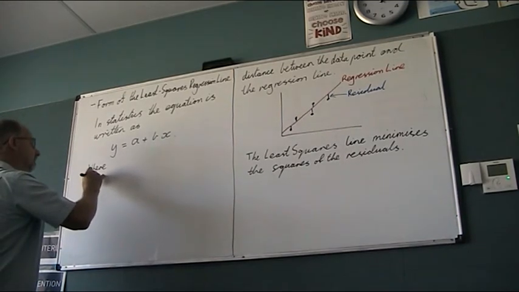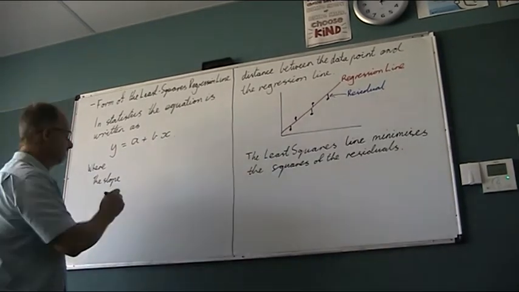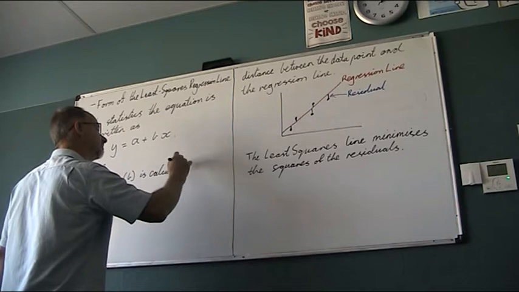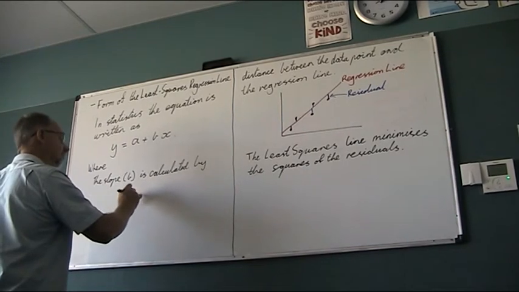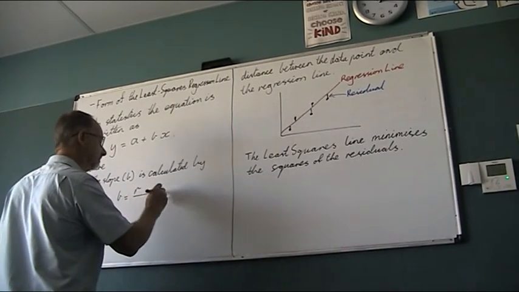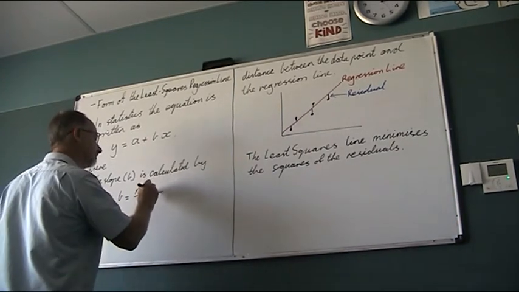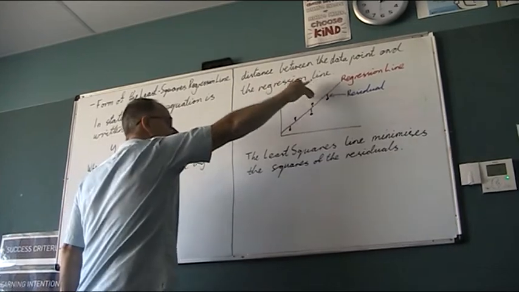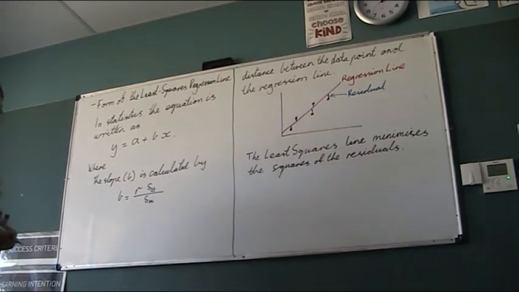The slope, which is b, is r, the correlation coefficient, times sy, the standard deviation of our y values, over sx, the standard deviation of our x values.